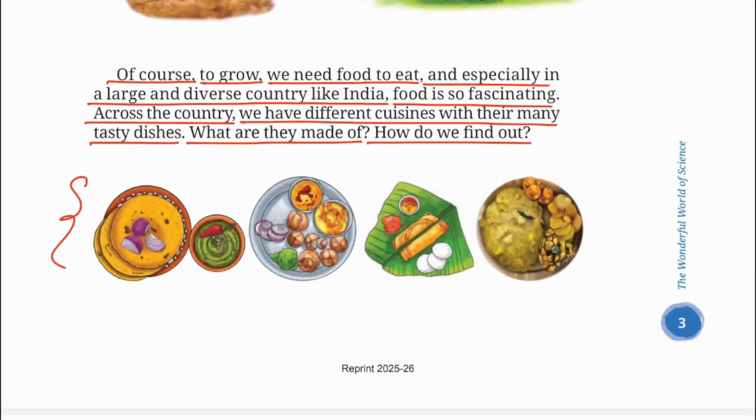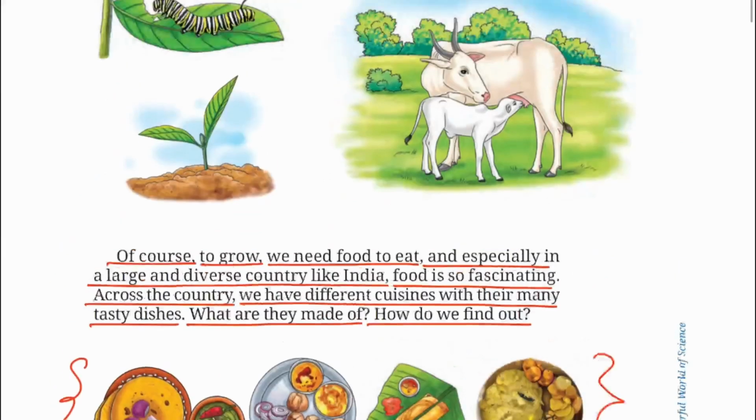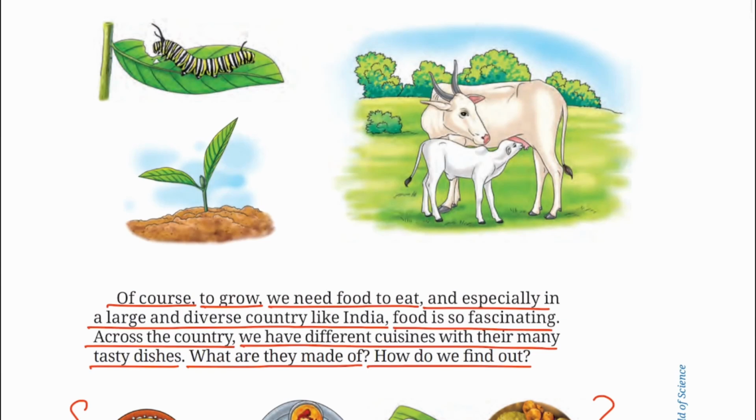Here you can see different cuisines with different tastes. You can see plants and animals here, such as a caterpillar, a cow and a calf, a growing plant.